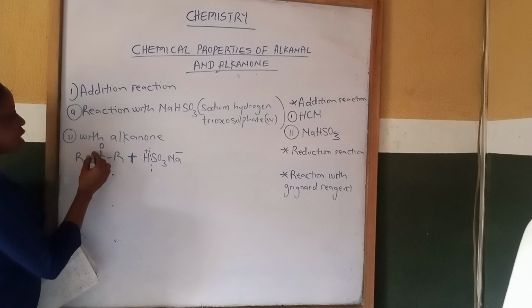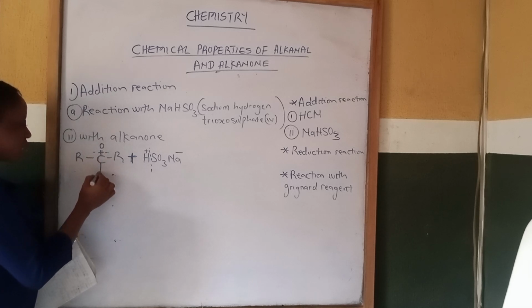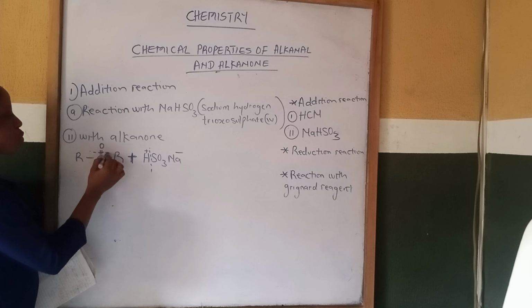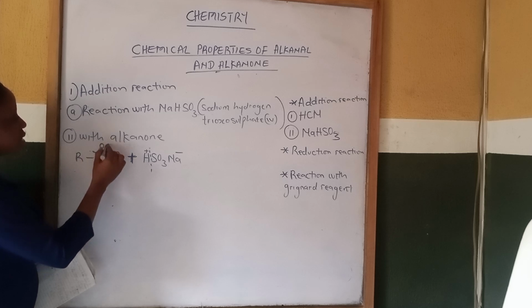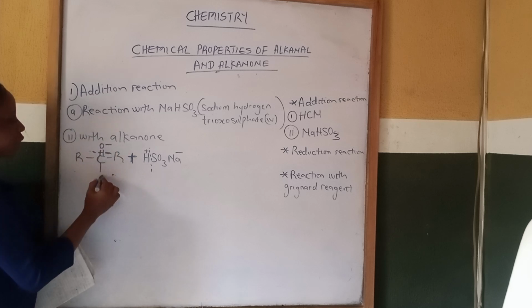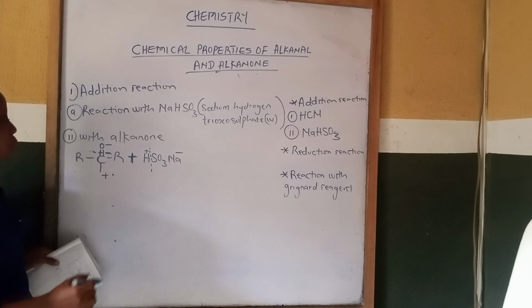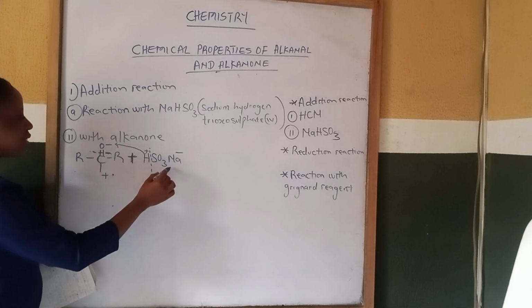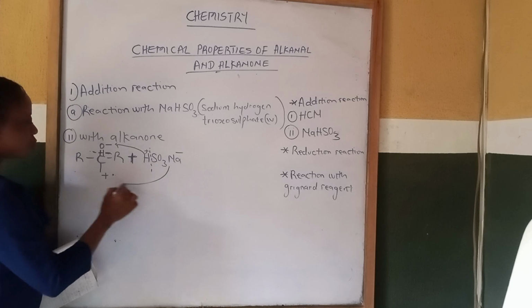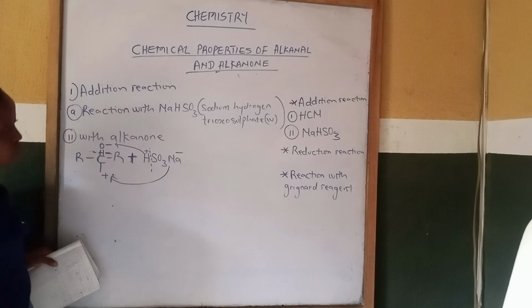Then the double bond here will break. So when this double bond breaks, one of the two bonds will come down. When it comes down, oxygen will be negative, then this side will be positive. So hydrogen will combine with the negative, while sodium sulfonate will combine with the positive.